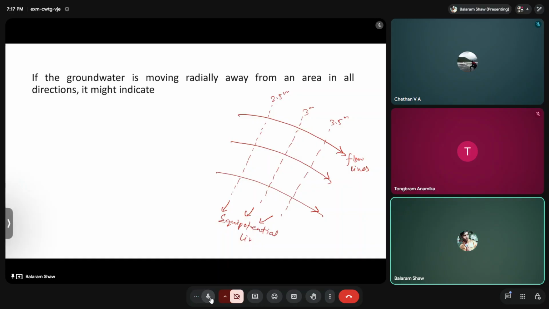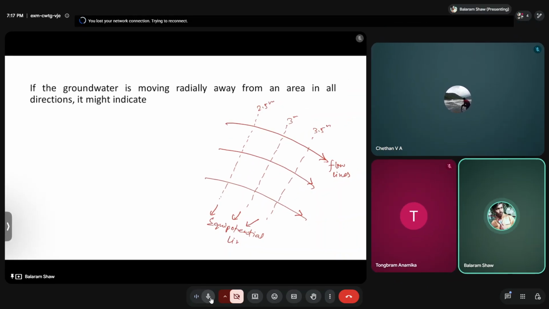If the selected flow lines are drawn on a water table or piezometric surface at approximately the same distance apart as the equipotential lines, say equipotential lines at 0.5 meter and flow lines drawn at 0.5 meter, then the spaces between them will become squares.